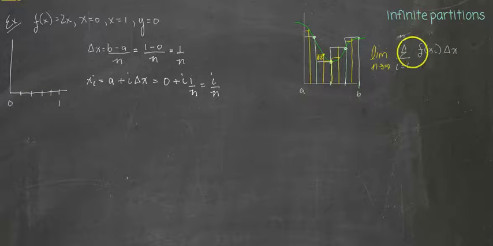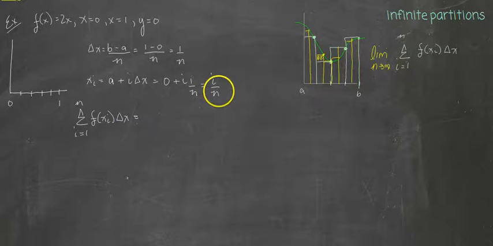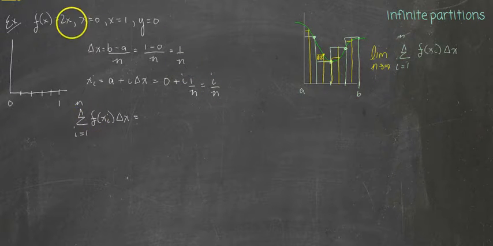All right, that's enough on that. So let's go ahead and put together our formula. We're not going to take the limit yet. We're just going to take the sum. So the sum for partitions starting with the first and ending with the nth of f of xi times delta x. And lucky for me, I actually have all these values. I have xi is i over n, I have delta x is 1 over n, and I have a function value which is 2x.